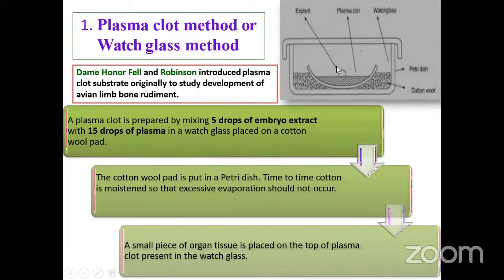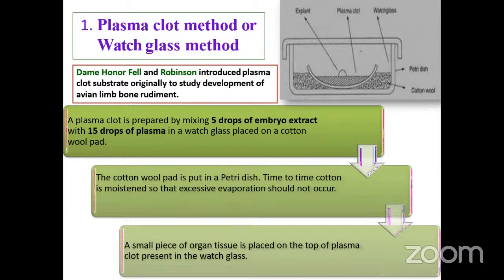On the plasma clot, the explant, meaning the piece of tissue or organ that is cultured, is placed. A plasma clot is prepared by mixing 5 drops of embryo extract with 15 drops of plasma in a watch glass and placed on a cotton wool pad. This cotton wool pad is put on the petri dish.